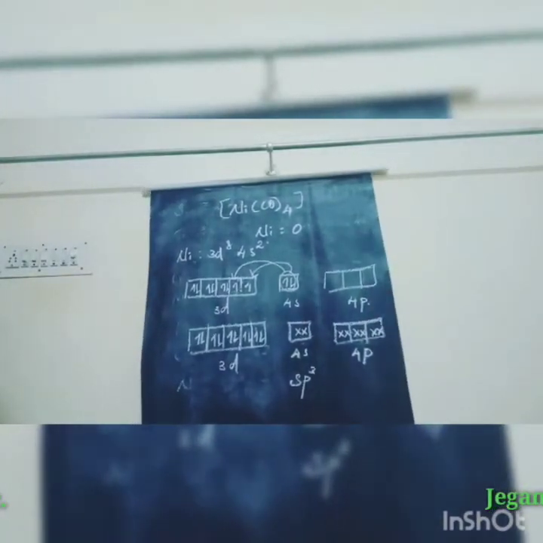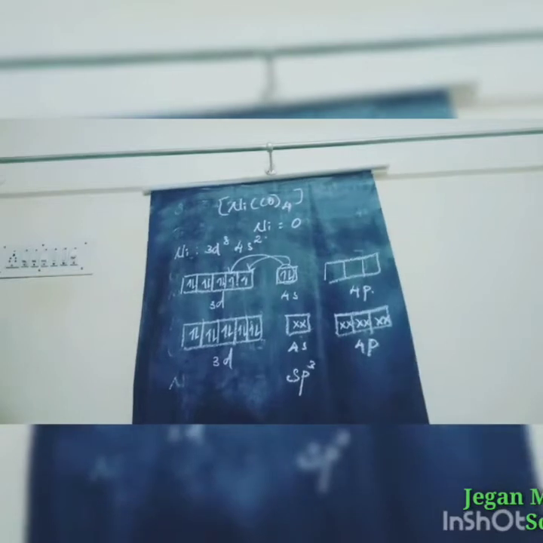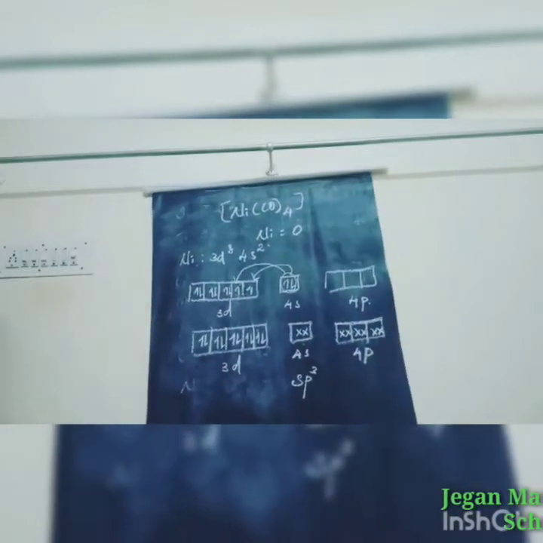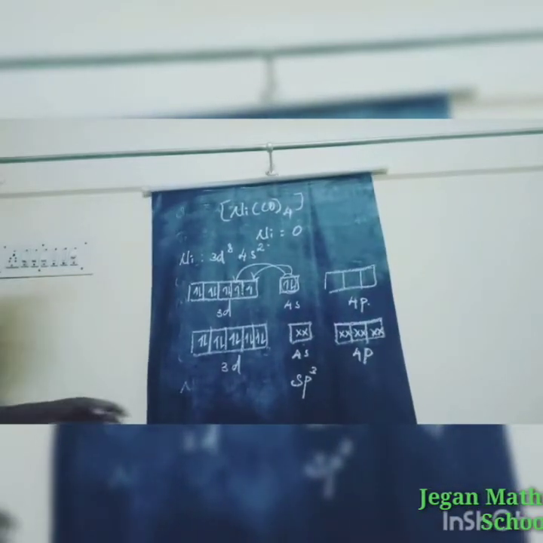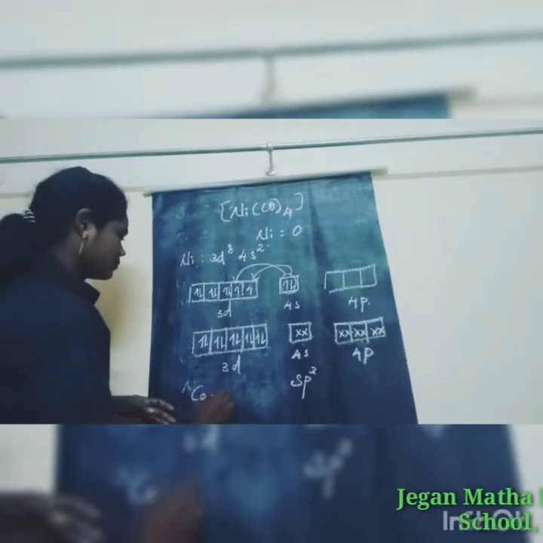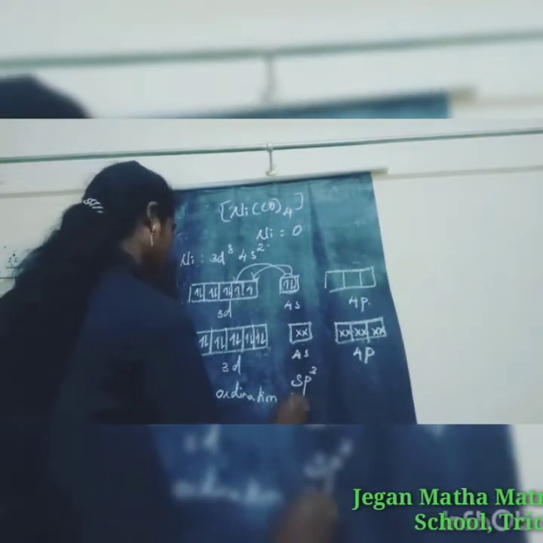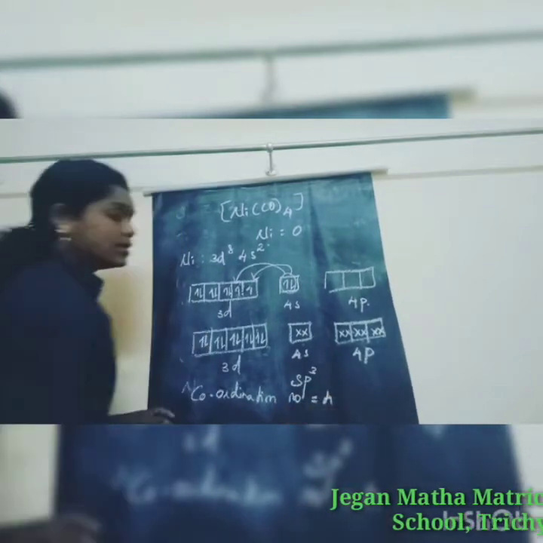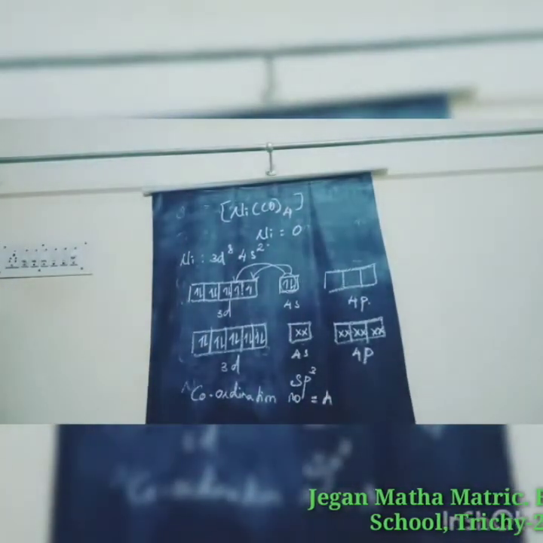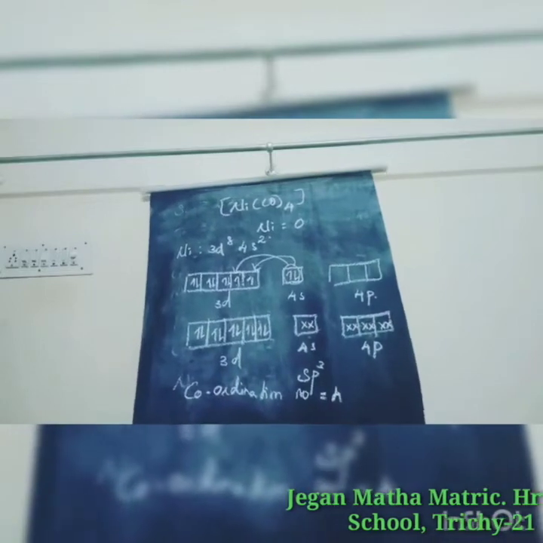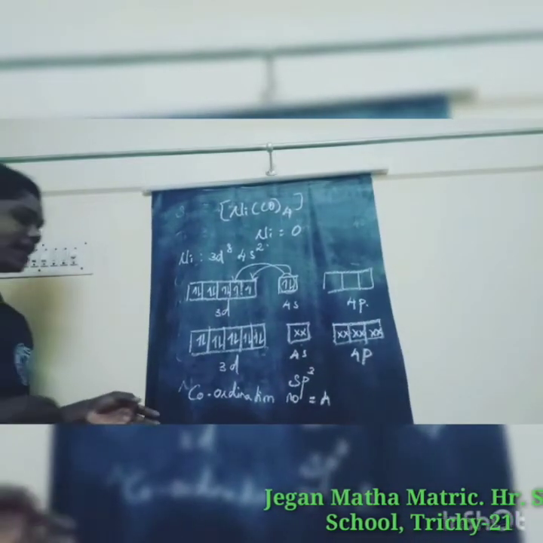So these electrons are given by the carbonyl groups. The coordination number of this compound is 4, which means the structure is tetrahedral.